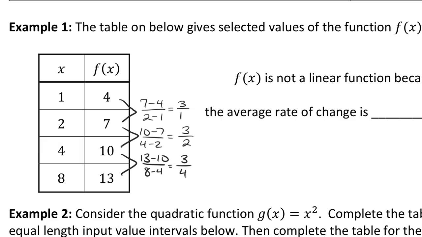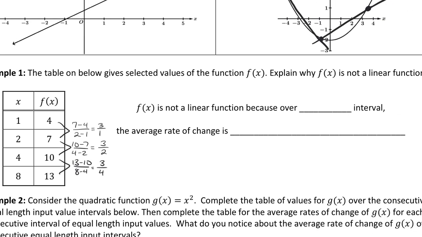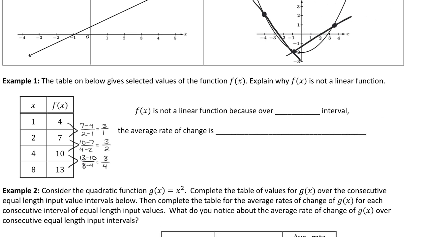So again, my average rate of change over these intervals of different lengths is not the same. So our conclusion is the following. F of x is not a linear function because over any interval given, an interval of 1, an interval of 2, and an interval of 4, the average rate of change is not constant. And if the average rate of change is not the same number, we don't have a linear function.